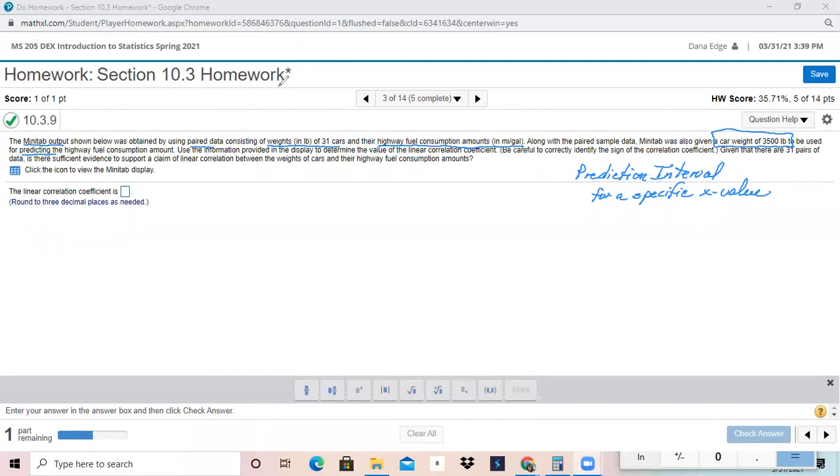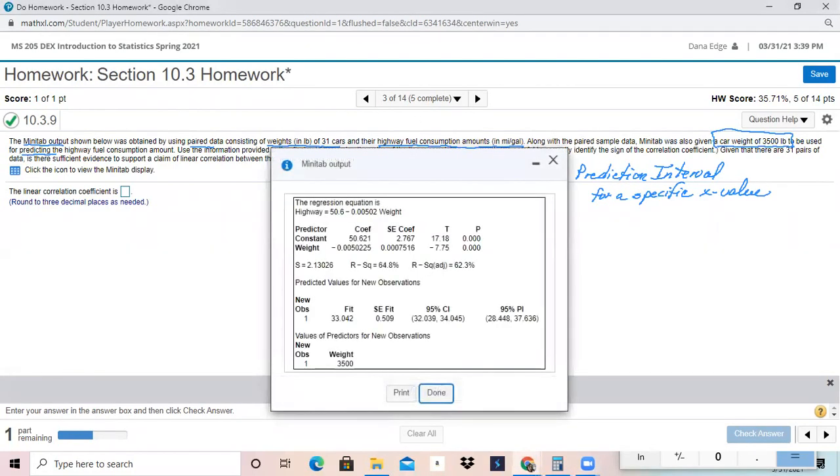So if we take a look at the display here, the first thing we see at the top is the regression equation. Notice that the constant up here is here. The slope up here, negative 0.00502, is here.